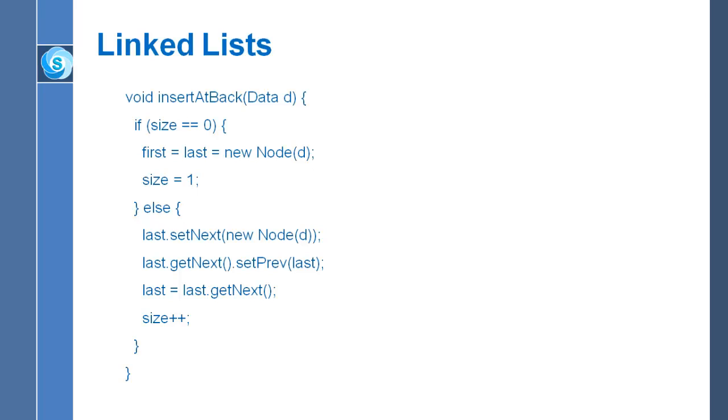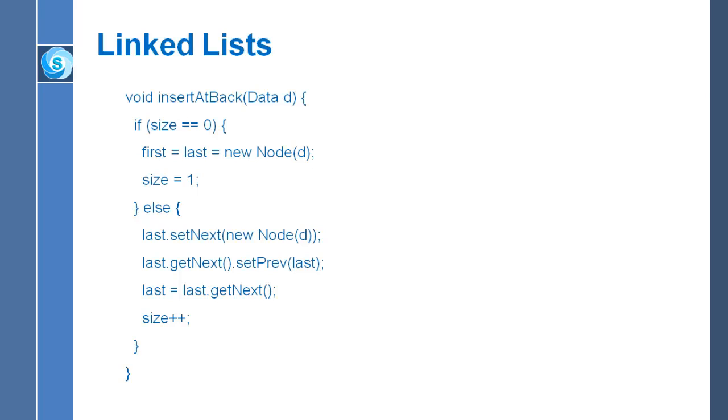Okay, in the other case, when size is bigger than 1, when there are already some nodes in the linked list, then it works this way. If you can get past the next couple of statements, all right, this is the tricky part. Not going to lie to you.